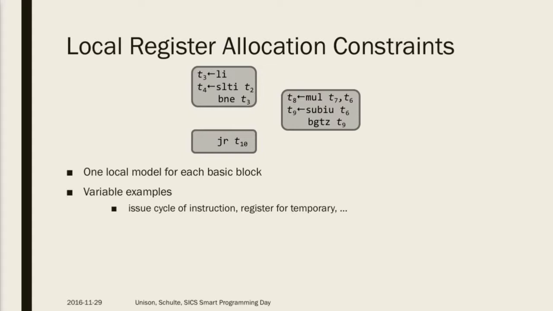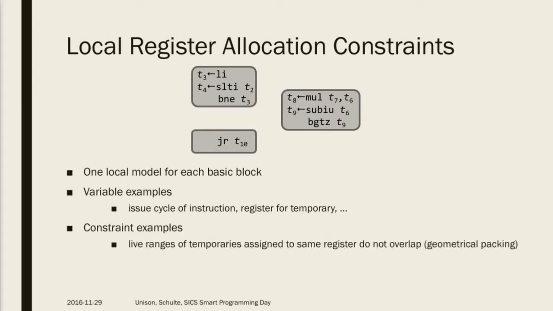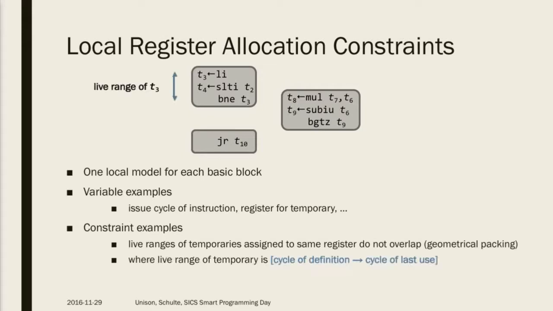Then for the temporaries, you would have a mapping that tells you in which register the temporary will be allocated, possibly including memory, and so on and so forth. And the type of constraints, for example, that the live ranges of temporaries that have been assigned to the same register do not overlap, right? So that they do not overwrite each other's values, right?